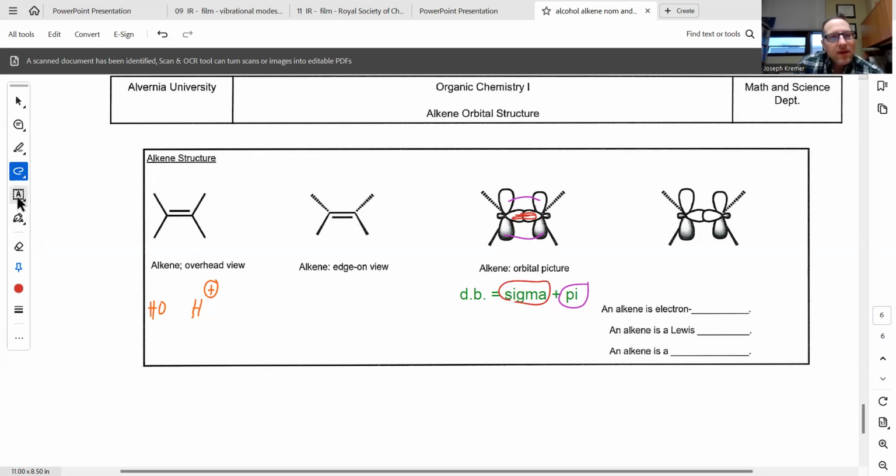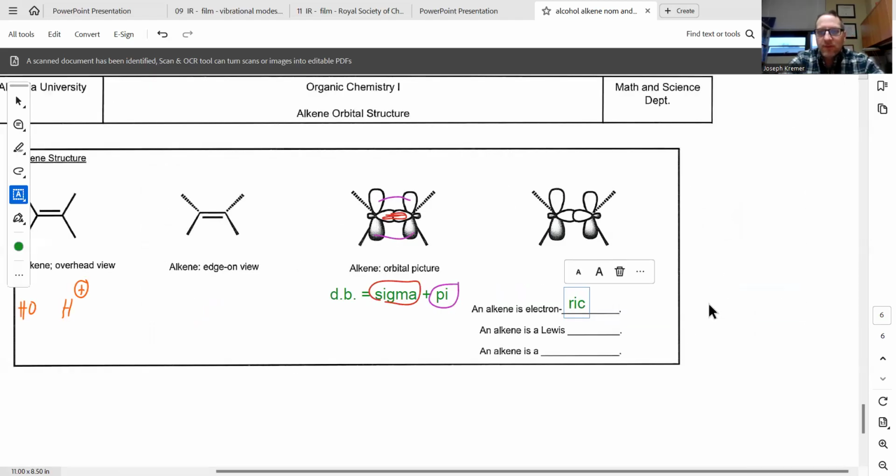And as was harped upon, an alkene is electron rich, because a double bond has four electrons in it. A single bond has two electrons in it. A double bond has four electrons in it. So they are electron rich.